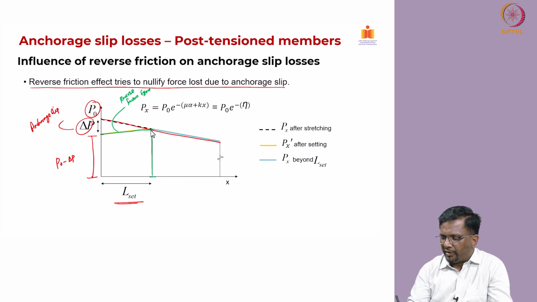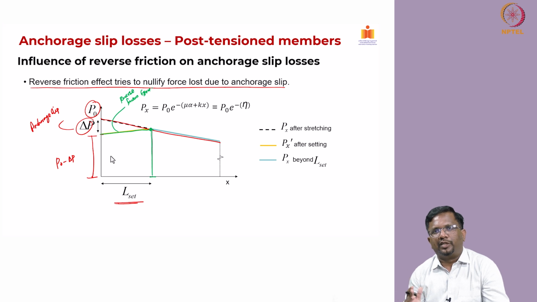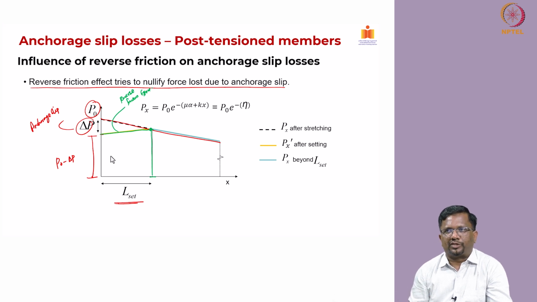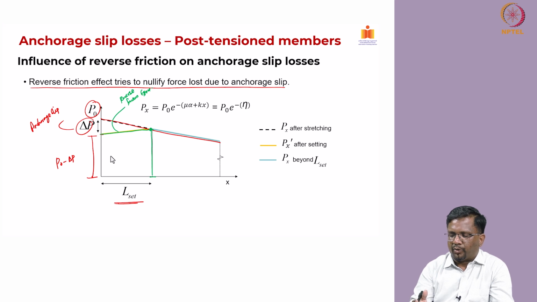Why this is important is, we need to understand this force variation diagram clearly, so that in that first segment where reverse friction is happening, we can account for the exact pre-stressing force in the design of the post tension system. This matters especially at the support location.